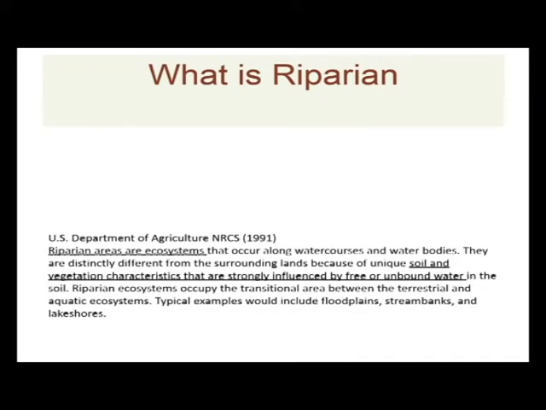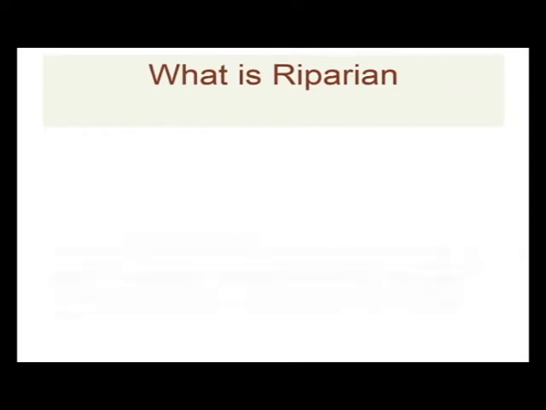The U.S. Department of Agriculture says they are ecosystems along a watercourse, influenced by free or unbound water. All of these definitions seem to have been created for a purpose, either programmatic or regulatory, and are not entirely meaningful in managing riparian land for functional conditions.